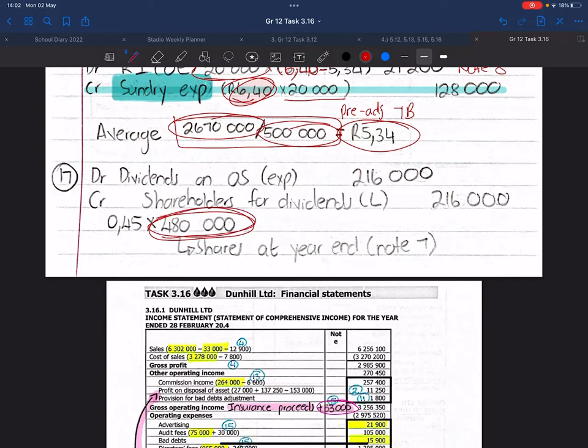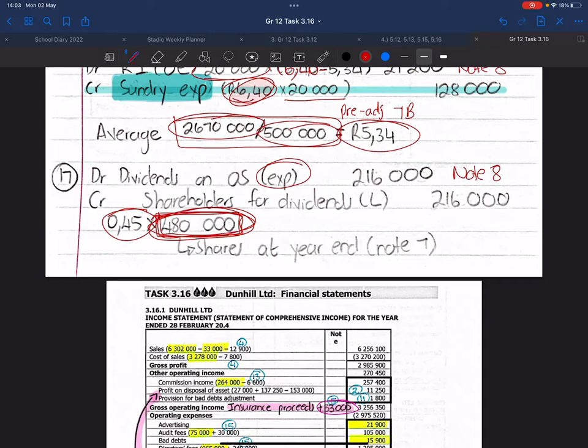If we include the 20,000 shares that we bought back, then we're essentially paying dividends to shareholders that don't exist because we bought back those shares. So we take the 480,000 shares times 45 cents, and you debit your dividends on ordinary shares, which goes against your retained income note. Note number 8, it decreases your equity.